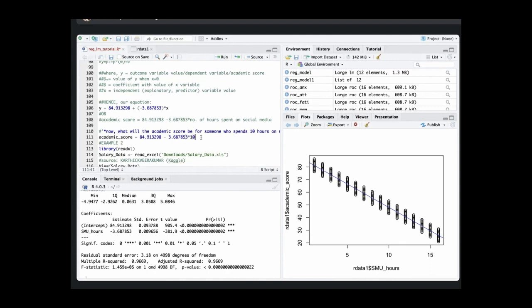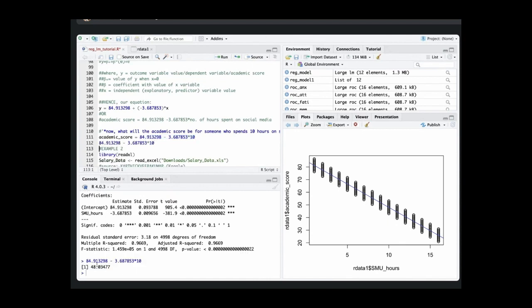So when I run this, R gives me that the predicted academic score for this person would be 48.03.